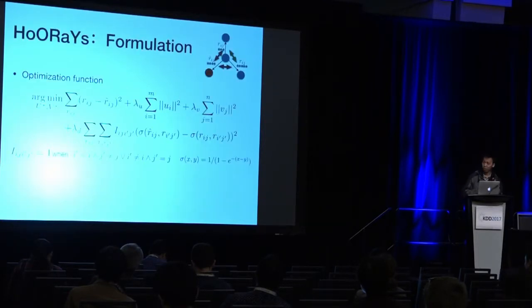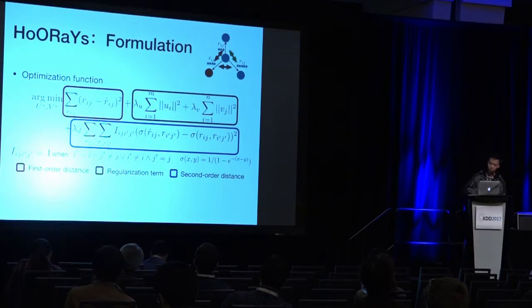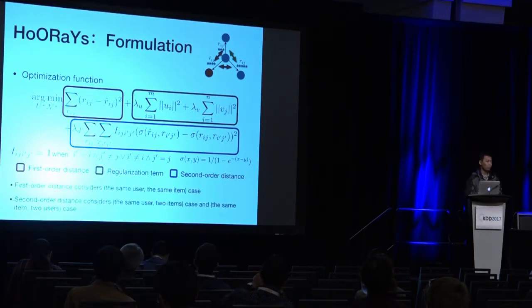Okay, then here's the optimization formulation that incorporates the second order distance. We have the first order distance, we have the regularization terms, and these 2 actually combine into the MF model, and we have the additional second order distance. As we can see in the previous examples, we mainly focus on the 1 user, 2 items case, right?